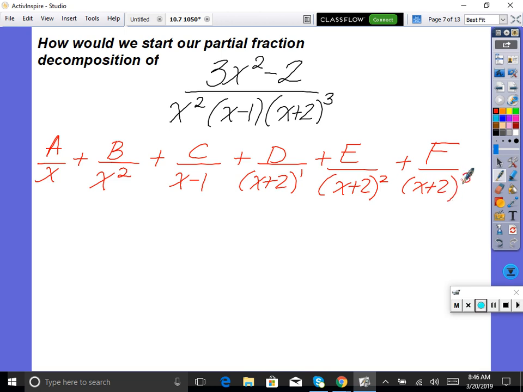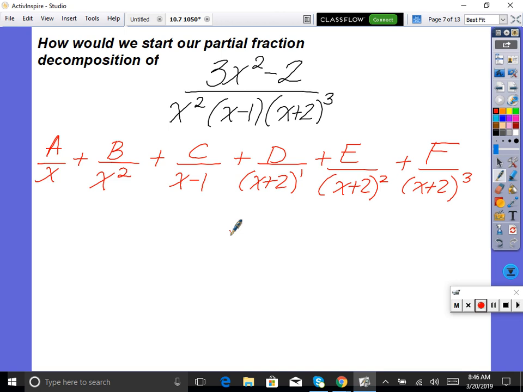We had x squared, so we're just splitting it up. So you always, if it has multiple multiplicity, you have to start with 1 and count up, just like we did here. See how it has multiplicity of 3? We started 1 counting up to 3. This has multiplicity of 2, 1 counting up to 2.